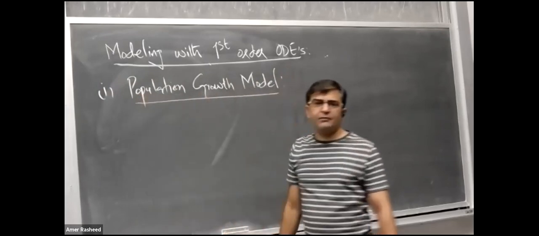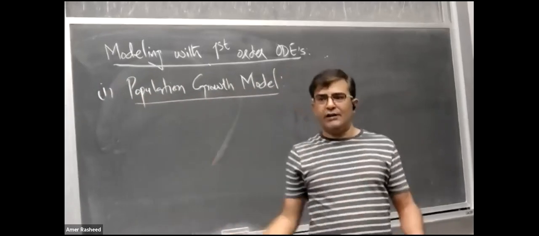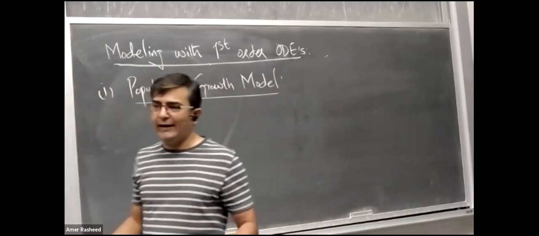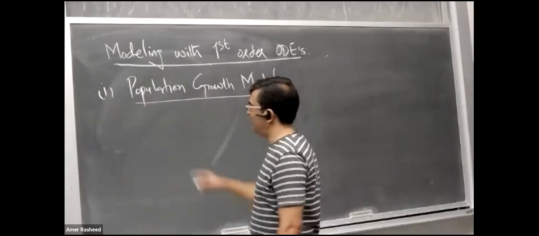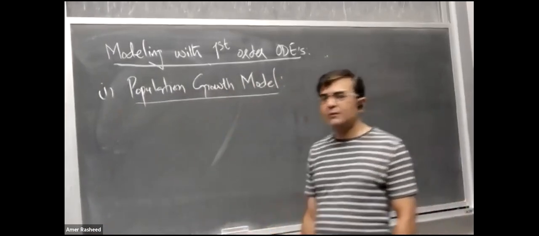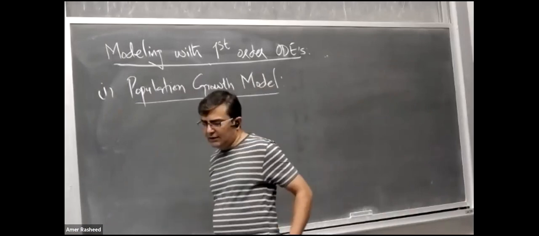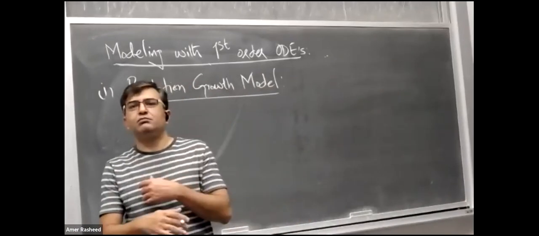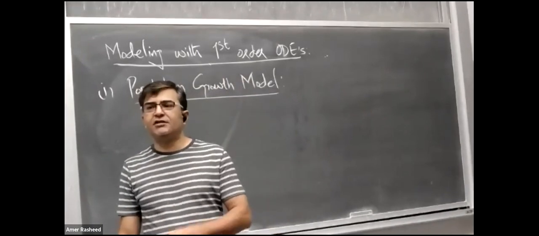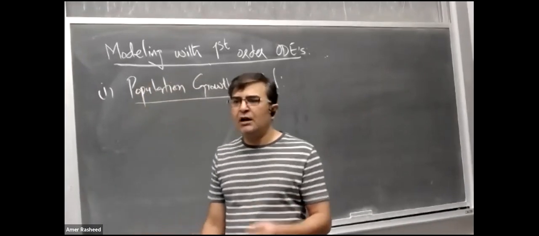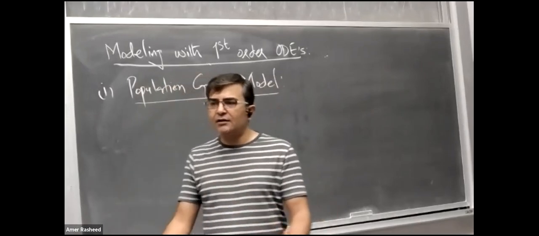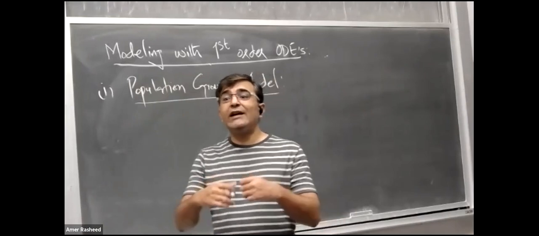Any kind of population which is growing only, okay? There's no decay. We assume that in this first particular model, which is a very obvious model. In this model, we assume that a certain population of bacteria, maybe a certain biological organism, is growing in a certain container. They are only growing.